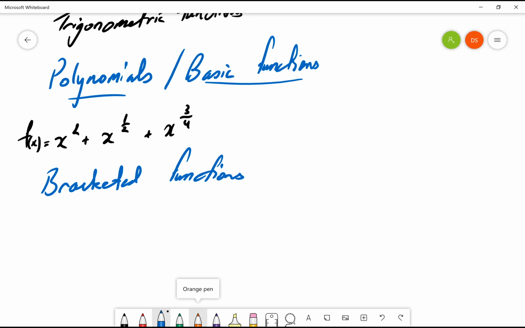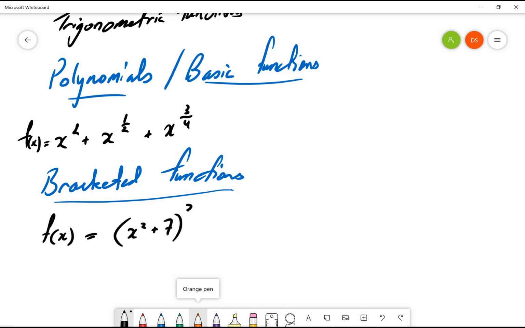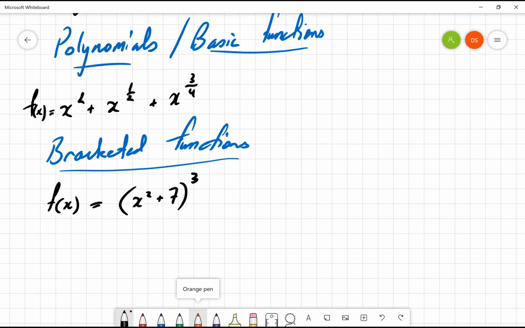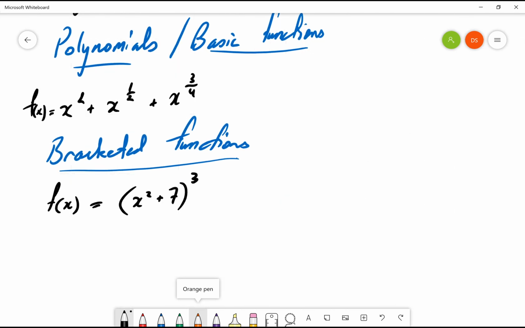And you're like, what are bracketed functions, Mr. Dharma? And I will say things that look like this. f of x equals x squared plus 7 to the power of 3. I could expand it, but by using the bracket rule, I will get a nice different derivative.